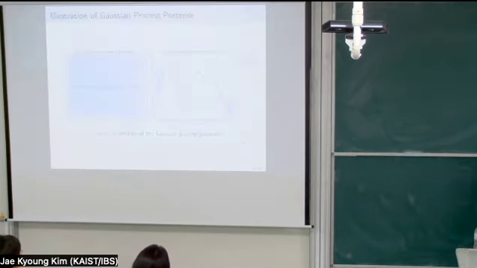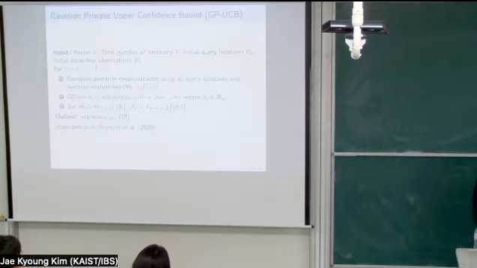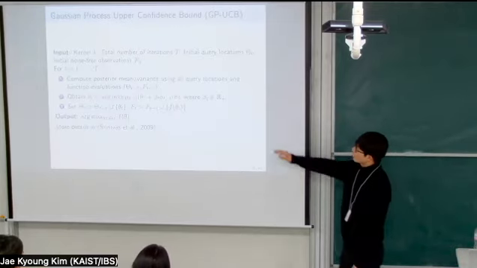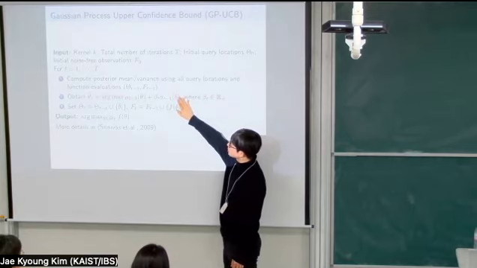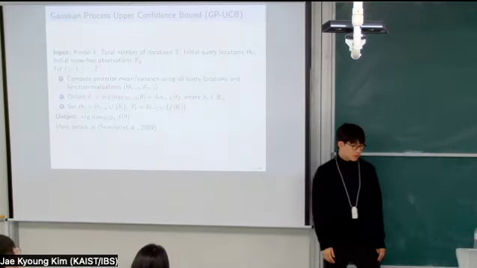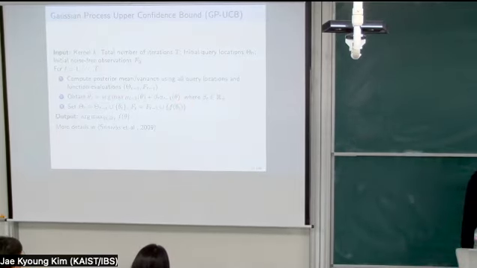The only thing that perhaps needs a bit of tuning is this part, where you optimize the acquisition function. People just use quasi-Newton or SGD. And even if you don't get the exact solution, in theory you can also prove the convergence, even if you don't solve this second step exactly.